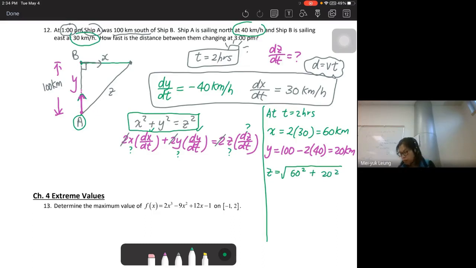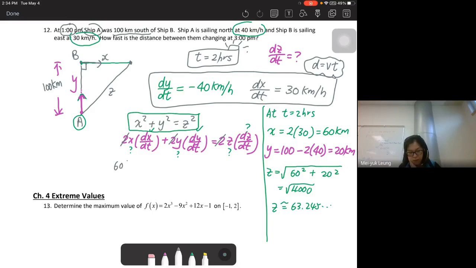You can do this on your calculator: the square root of 4,000. This number is not a perfect square, so don't mess up. It will be roughly 63.245. Now we have all this information that we can plug in.